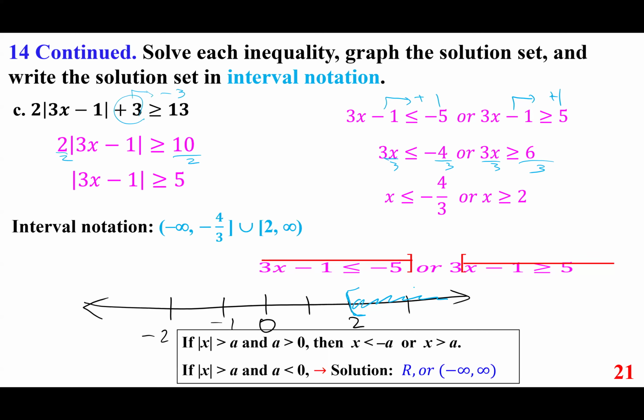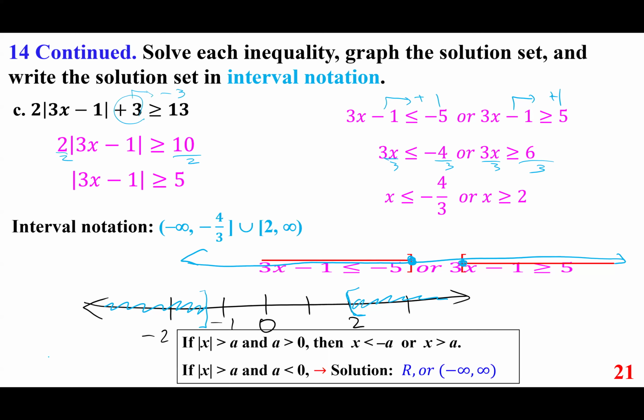Negative 4/3, that means -1 and 1/3, everything to the left of it. Or you can use a solid point. You may use a solid point here. This is the number line, okay? That's how you put that.